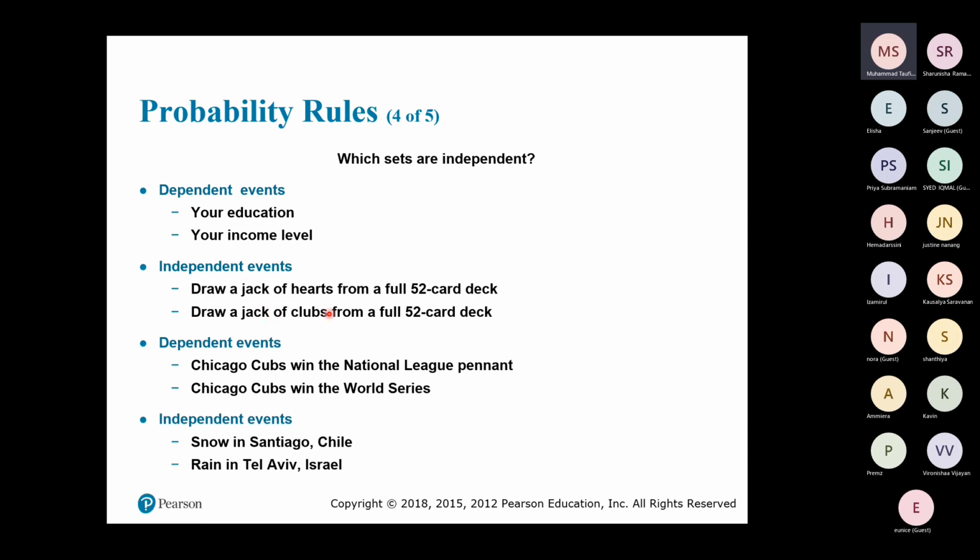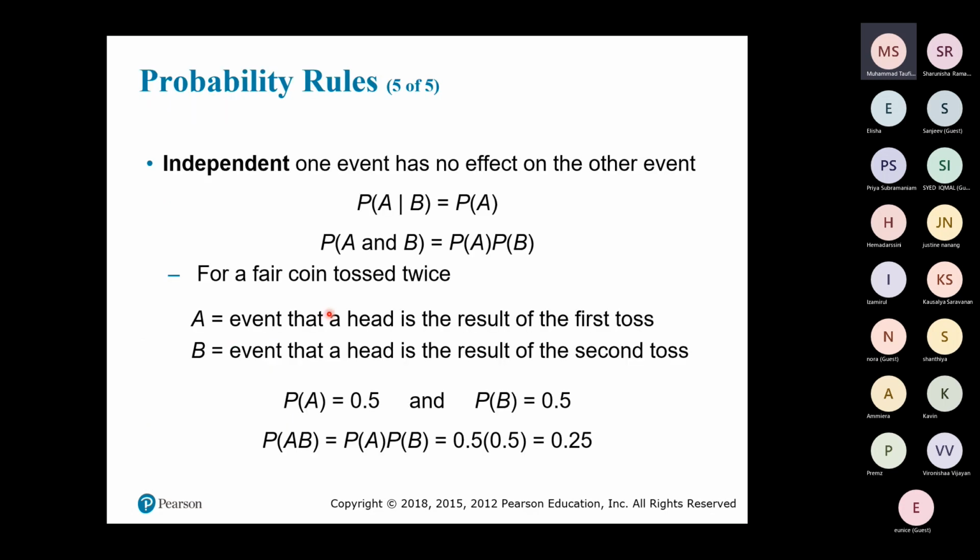It is an independent event, because you don't have any overlapping card. So for independent events, if you want to calculate the probability of events A and B happening, you just have to multiply the probability of event A happening and then event B happening.